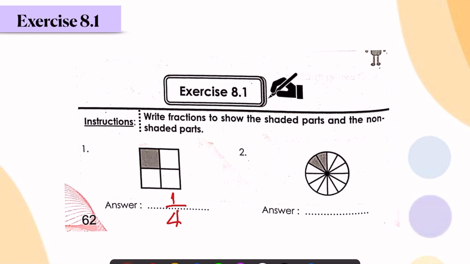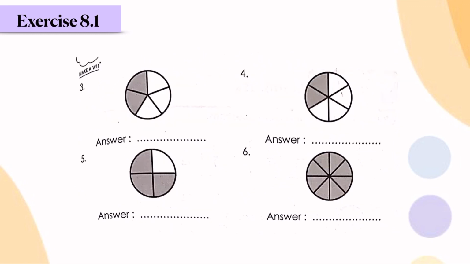Now let's see number 2. Can you tell me how many parts there are? Let's count. 1, 2, 3, 4, 5, 6, 7, 8, 9, 10, 11, 12. So we have 2 over 12. Very easy. Now, for number 3, we have 2 over 5, right?